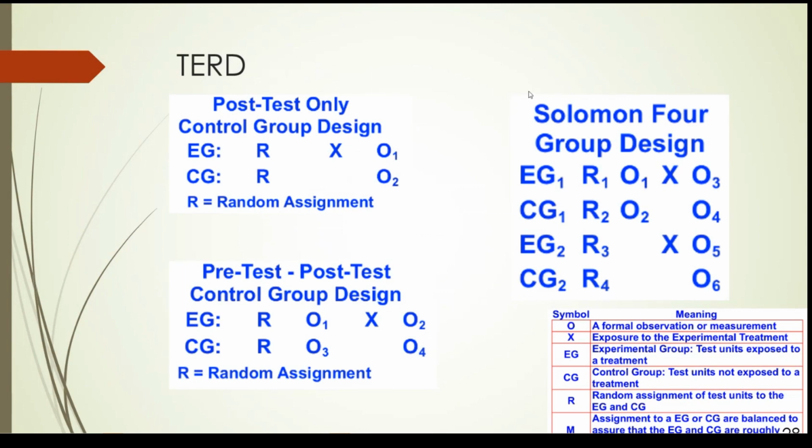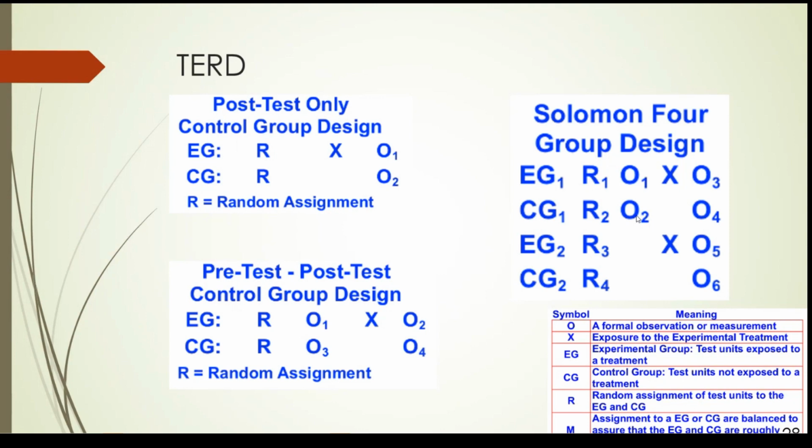As I have mentioned just now, Solomon four-group design is most reliable because it can remove the bias of the pre-test. Yeah. In Solomon four-group, we have experimental group 1, control group 1, experimental group 2, control group 2, whereby in both EG2 and CG2, there's no pre-test, to nullify the pre-test effect on the subjects.